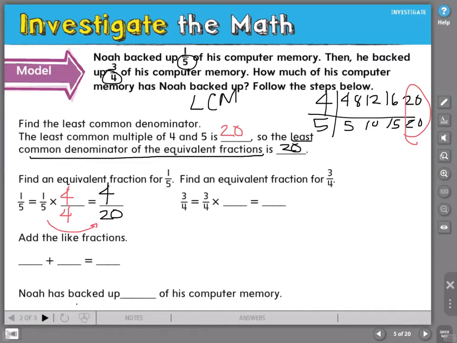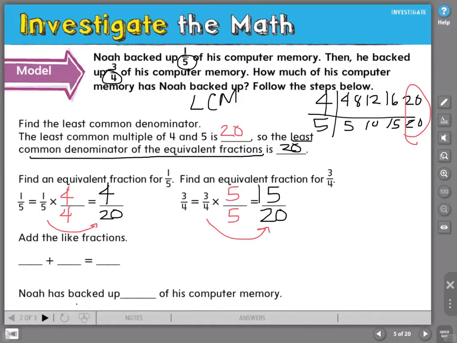Let's try it again over here with 3/4. I know that 20 is my common denominator. That's my goal. Well, what do I do to a 4 to turn it into 20? I simply multiply it by 5. So I'll multiply the numerator by 5, and I get 15.